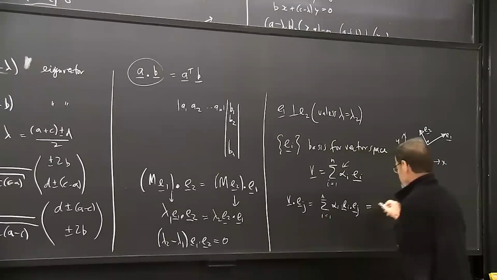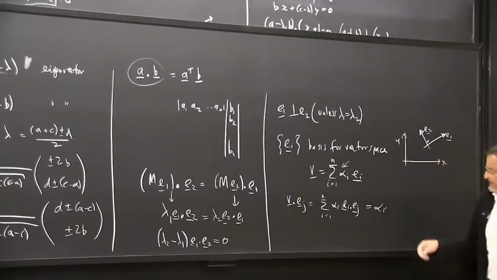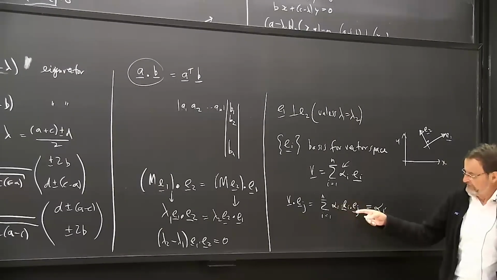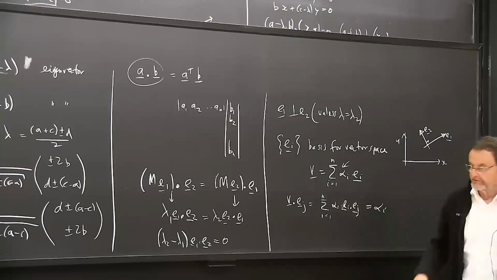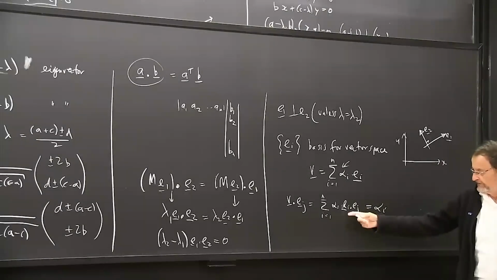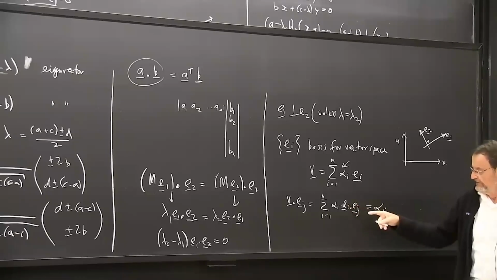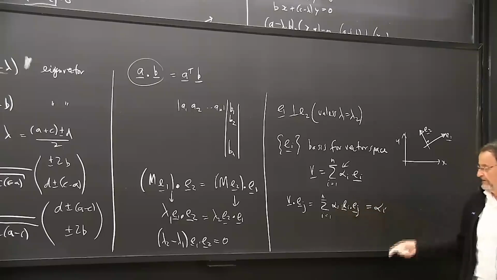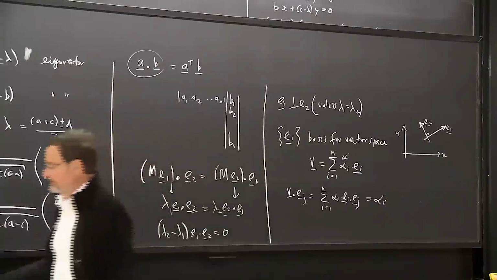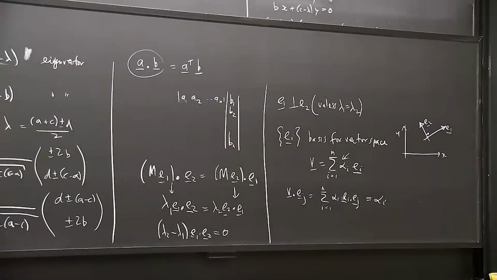And so this is going to give me alpha i, right? Because if I pick the unit vector version. Okay, so this is a sum, but I don't care about most of the terms because they're multiplied by 0. The only one I care about is where these two are the same vectors. And in that case, if I pick unit vectors, that's just 1, so I just get alpha i. So it's very easy to re-express any vector in terms of the eigenvectors.